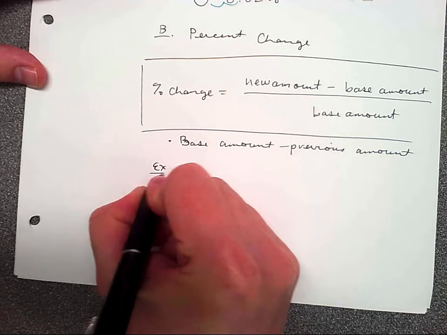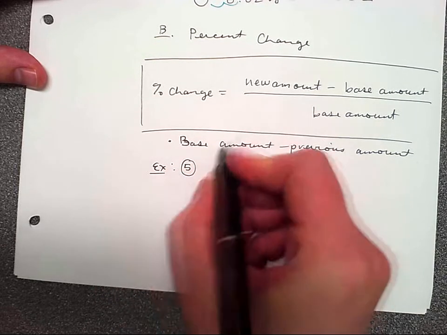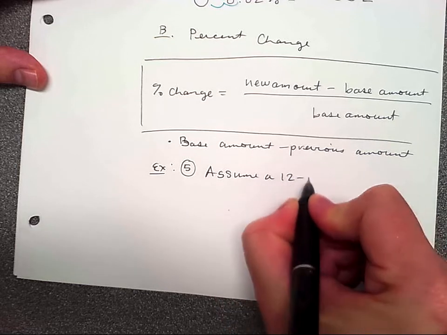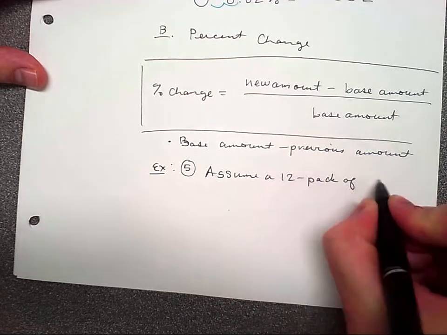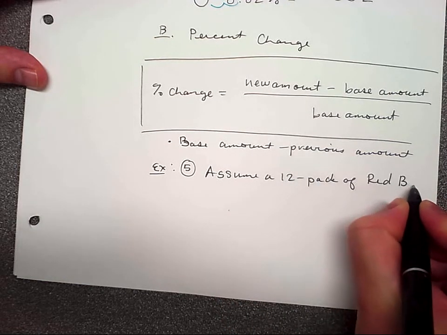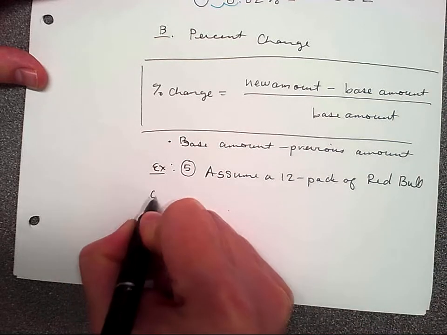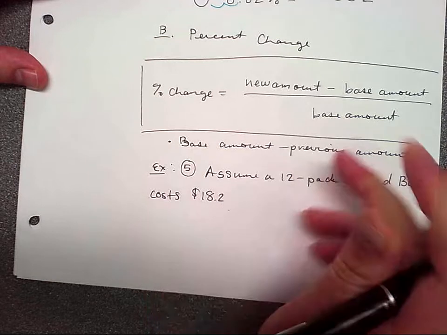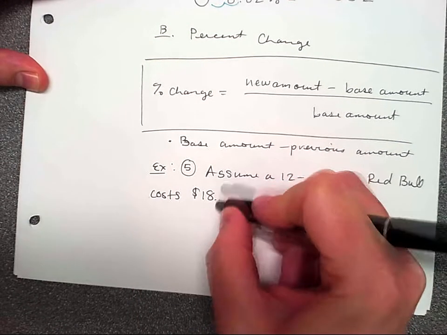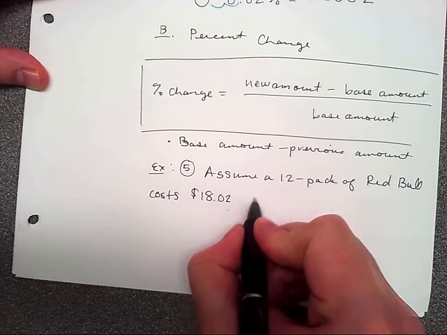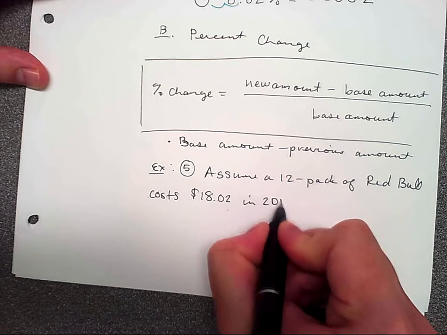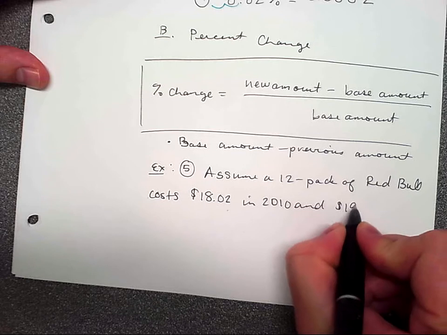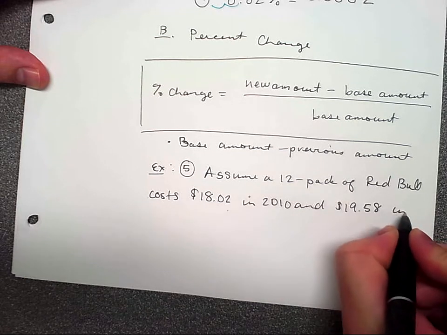So this is example 5. Assume a 12-pack of Red Bull costs $18.02 in 2010 and $19.58 in 2015.